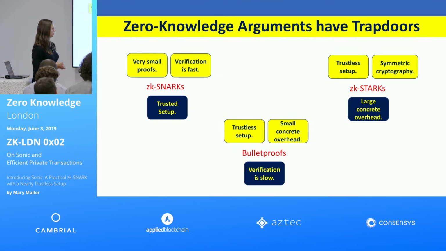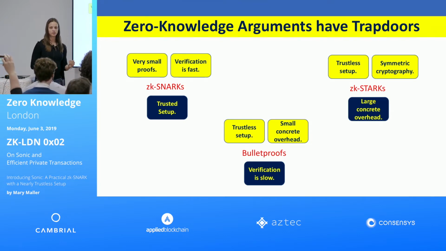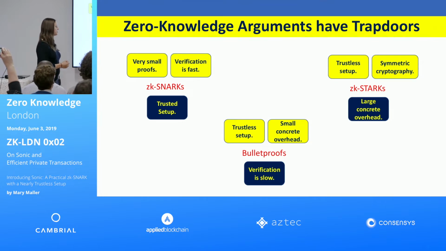So this is an overview of some of the different benefits of a couple of different zero-knowledge proving systems. I haven't included everything here. I've just chosen STARKs, bulletproofs, and SNARKs, mostly because they're gaining a lot of attention at the moment. Good things about SNARKs: very small proof sizes, verification is very fast, but they require trusted setup.